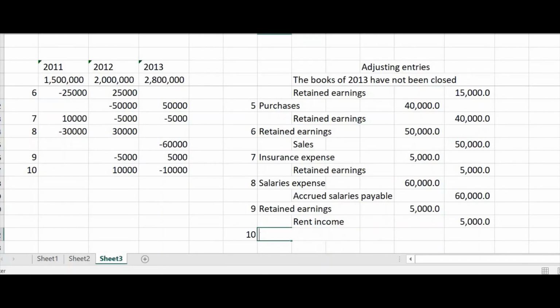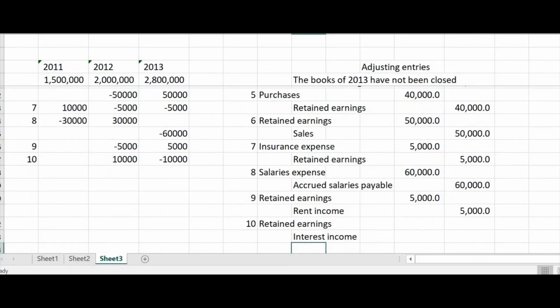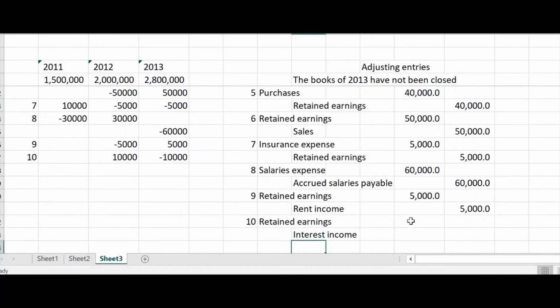Or debit ka ng retained earnings, credit ka ng interest income. Yan. For how much? 10,000. Okay? For 10,000.